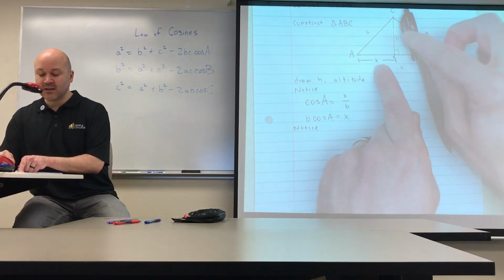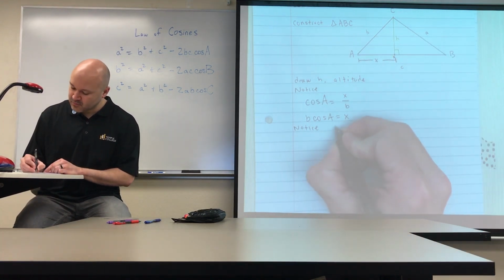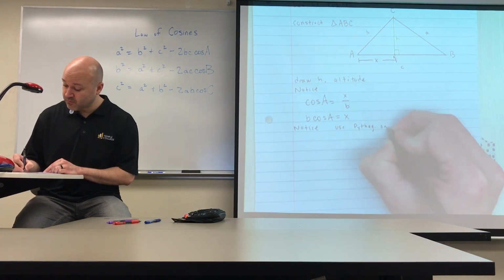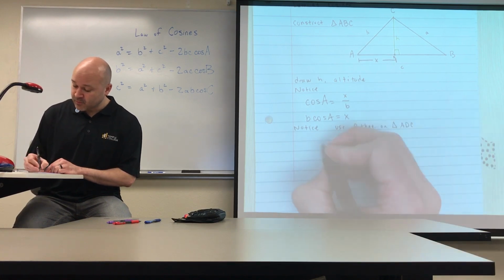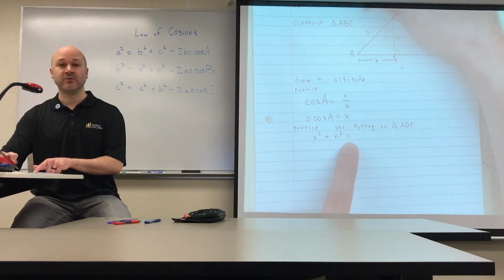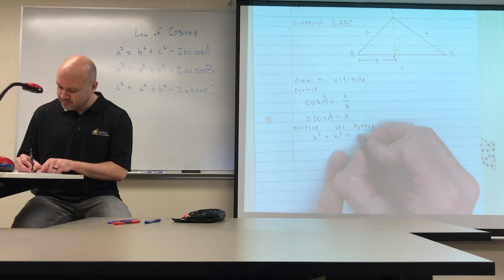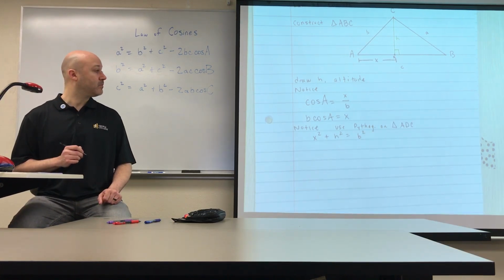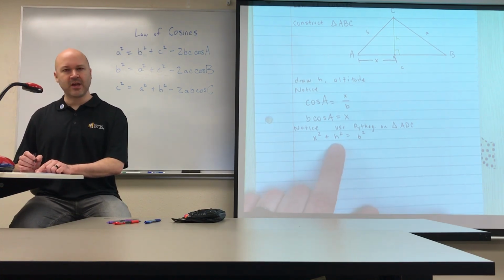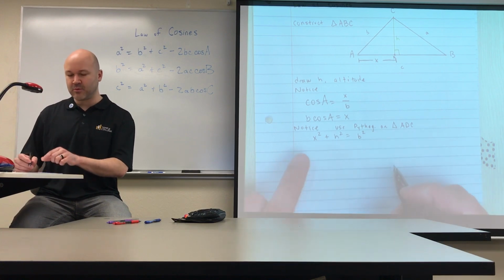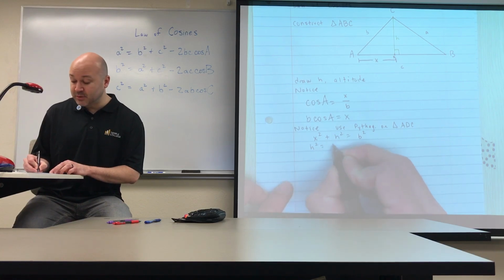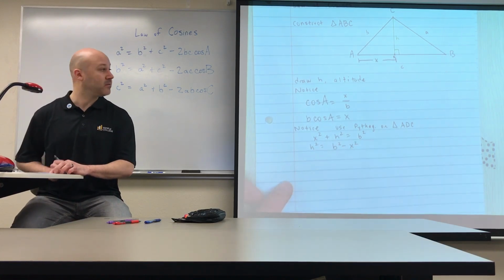So that is the two side lengths squared and summed. x squared plus h squared will equal the hypotenuse of that triangle squared, so b squared. And I'm going to solve for h squared, kind of similar to the law of sines, where we were solving for h. So h squared is simply b squared minus x squared.